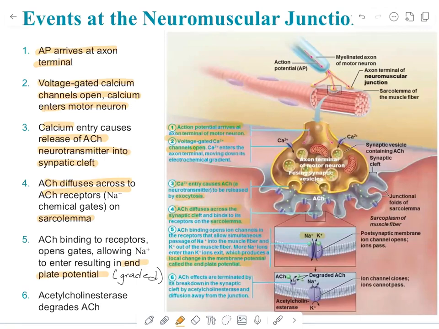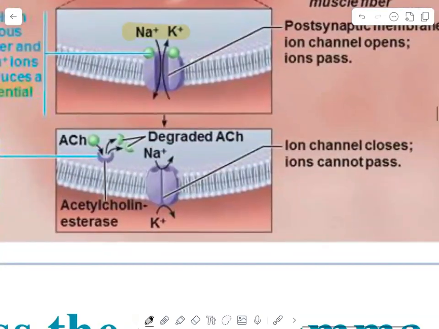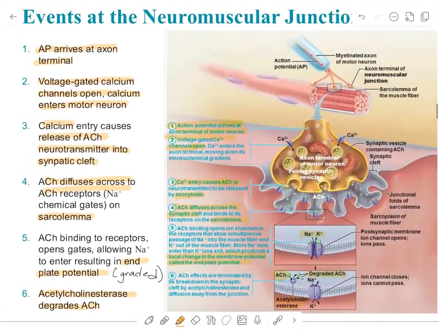But after the acetylcholine's done its job, this is a very important step. There is a special enzyme called acetylcholinesterase, and you don't have to write out the whole thing because it is confusing, but acetylcholinesterase is one way that a neurotransmitter can be removed from the synaptic cleft. This enzyme is going to break acetylcholine down into its acetyl part and its choline part, so that it can no longer have an effect at the synaptic cleft.